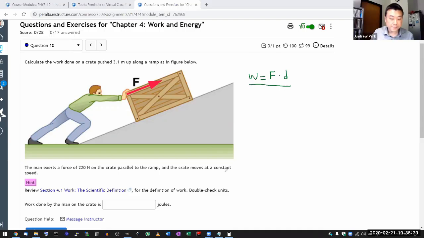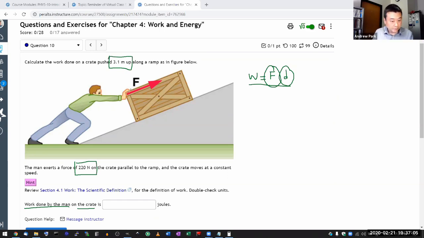You are asked for the work done by the man on the crate. Well, for force, you are told how much force the man is exerting on the crate. You are also given the distance of 3.1 meters up along the ramp.